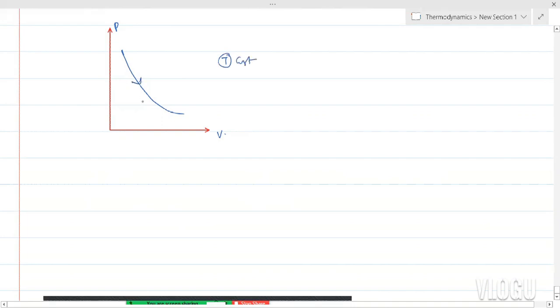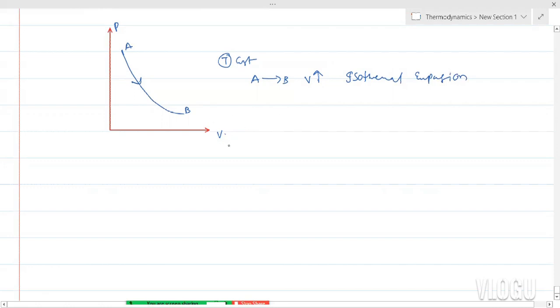Depending upon the arrow direction, we will understand whether it is expansion or compression. Here from A to B, the volume increases, so this is isothermal expansion. If the arrow is reversed, we will say isothermal compression.